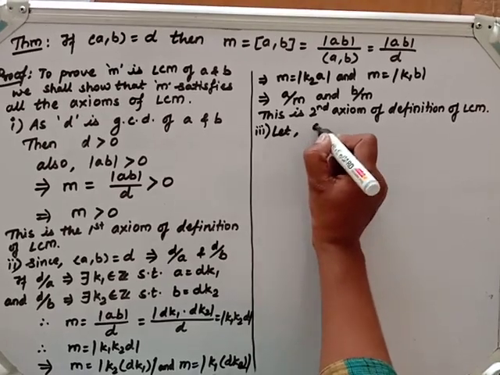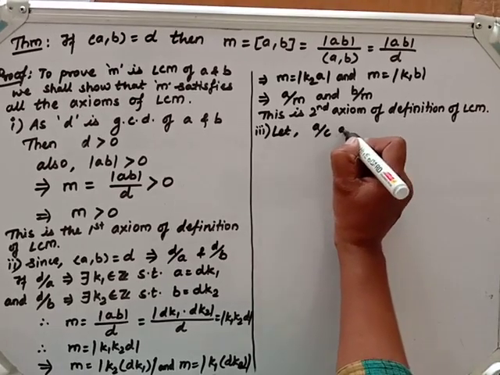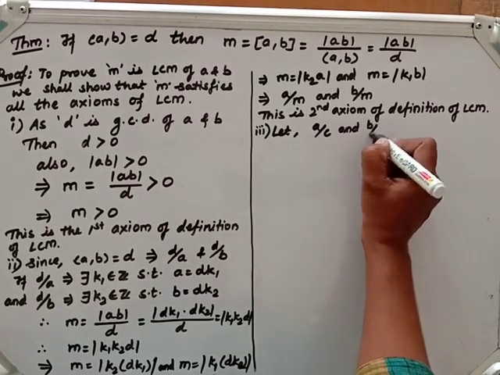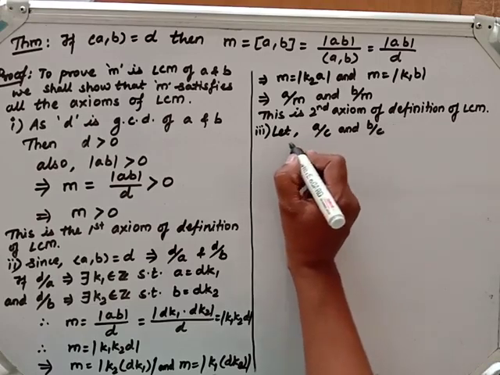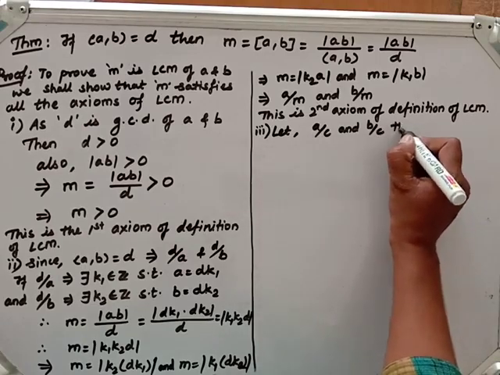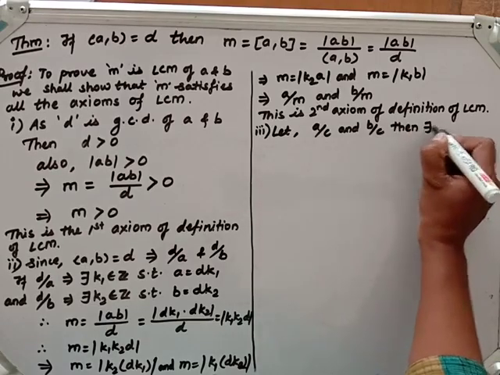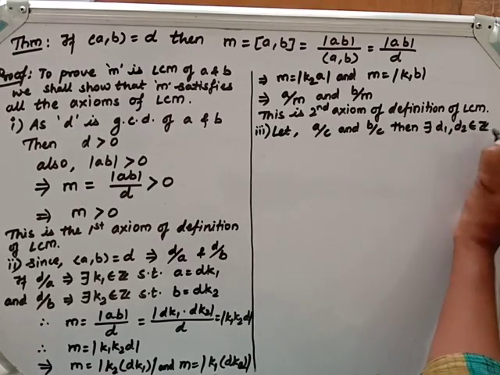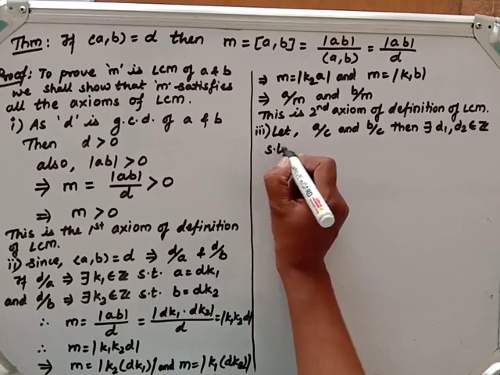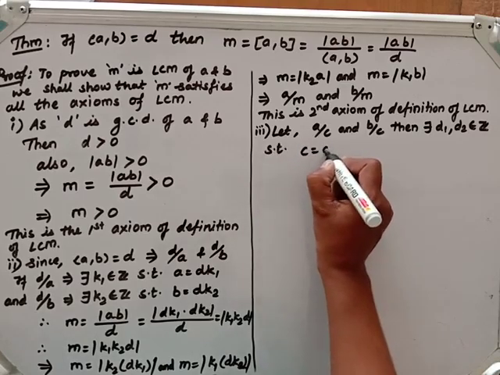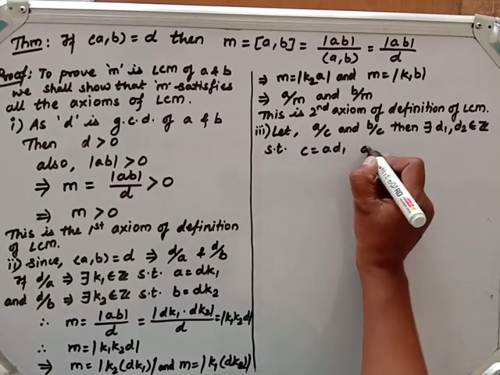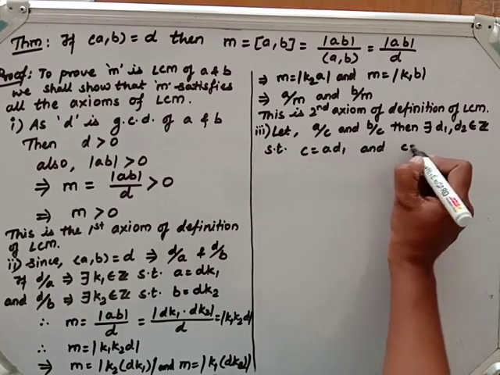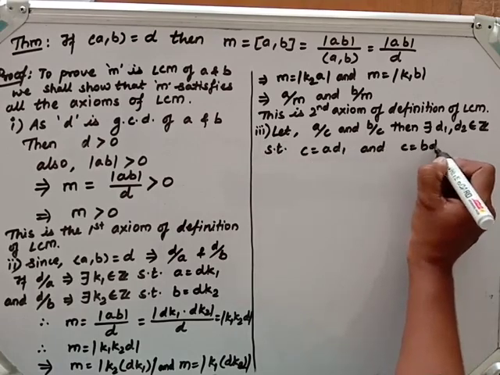Now let A divides C and B divides C, then there exist D1, D2 belongs to Z such that C is equal to A D1 and C is equal to B D2.